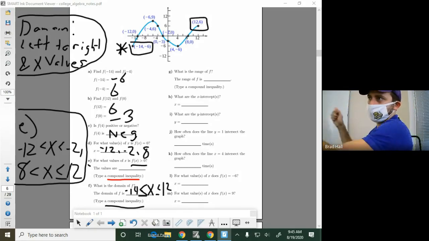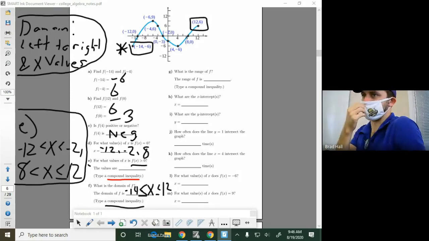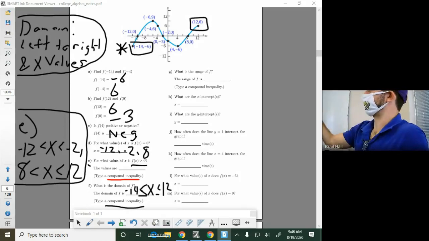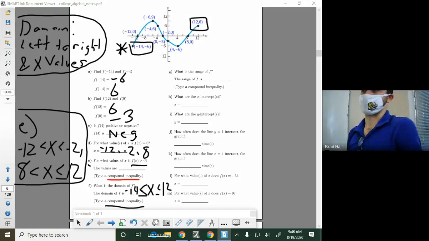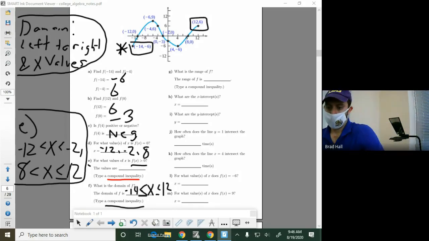So it's basically a minimum versus maximum dichotomy. If you were to flip the inequality, then it would say greater than or equal to 12, and that would imply values all the way over there that don't really exist. So that's another way of looking at it. So that would be the answer for the domain.